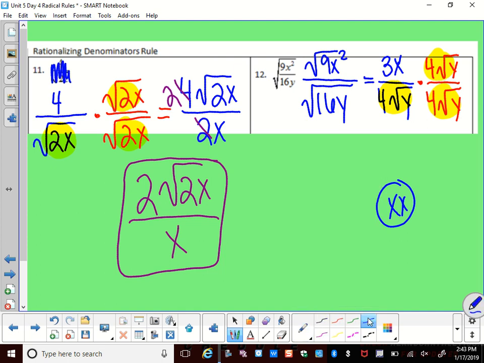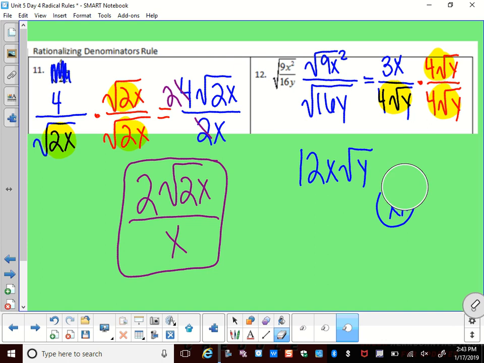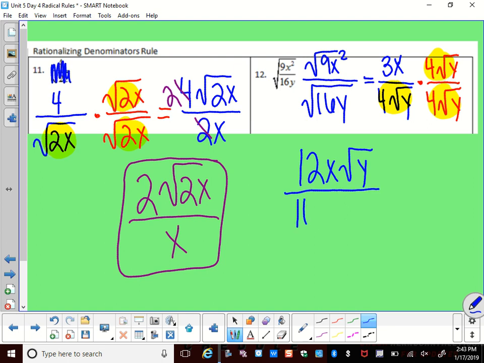Alright, let's clean this up. On the top, what is 3 times 4? 12. My x can stay, my y can stay. On the bottom, I have 4 times 4, which is 16.